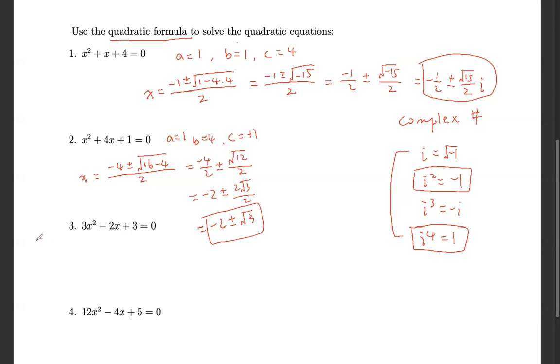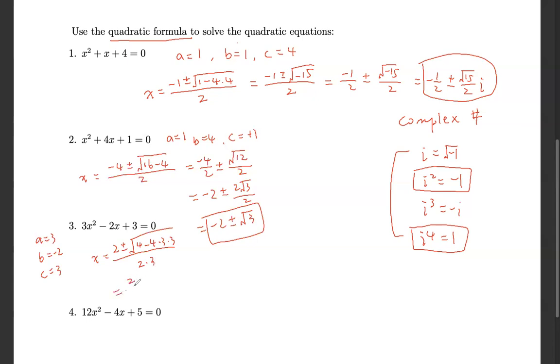Now let's see 3. a equals 3, b equals negative 2, c equals 3. x equals negative b, negative and negative 2 become positive 2, plus minus negative 2 squared is 4, minus 4ac, a is 3, c is 3, divided by 2 times a, 2 times 3.